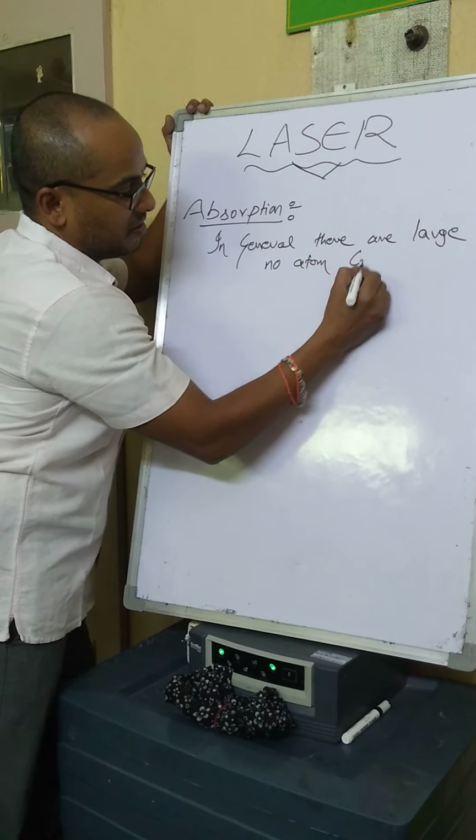So if I go for the diagram, this is the ground energy level, which I represent with E1, also called the lower energy level, the least energy level. And obviously there will be a higher energy level, which I represent with E2, and this is called the higher energy level, right?